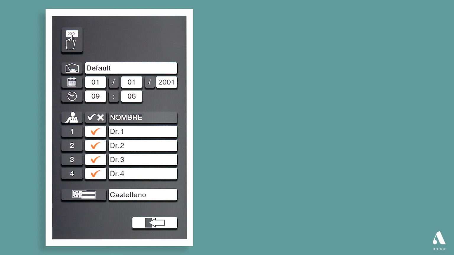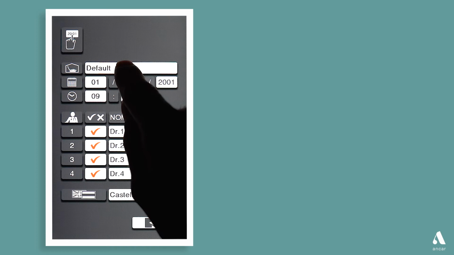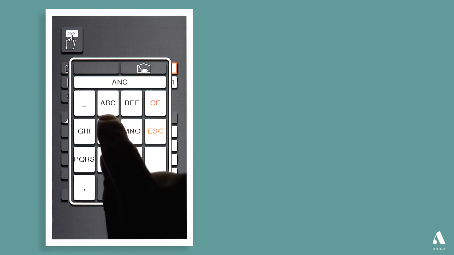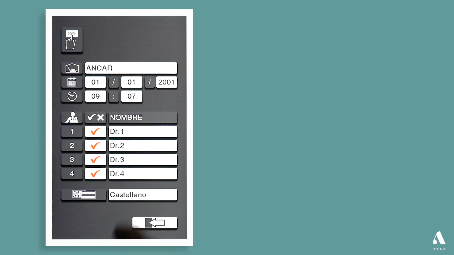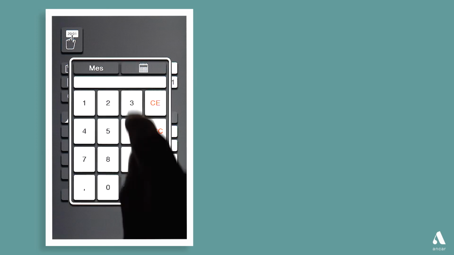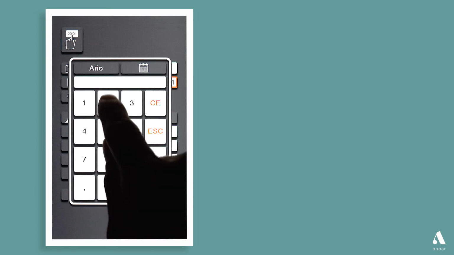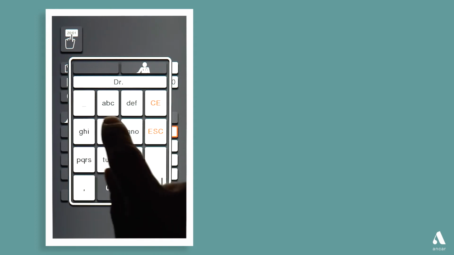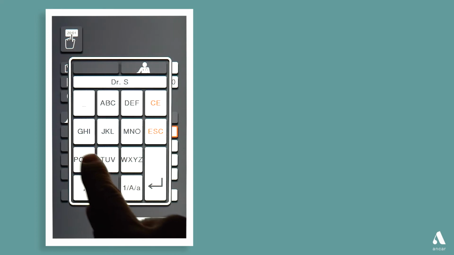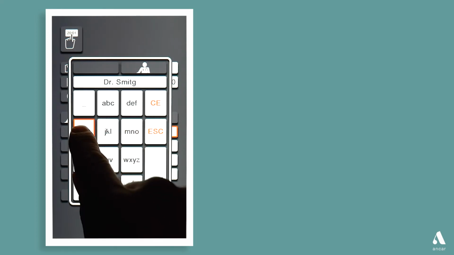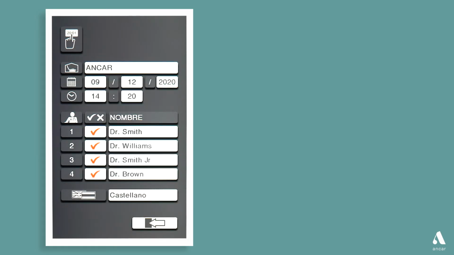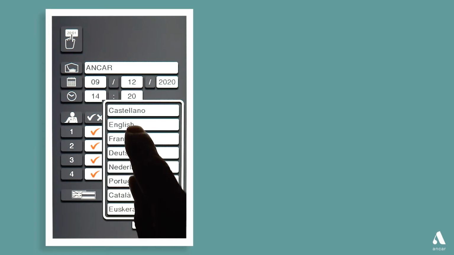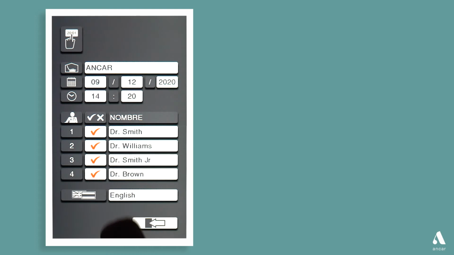In this section we can modify the data in the upper part of the touch panel: name of the dental practice, date, time, usernames, and the language in which we want to see the interface of our touch panel. Here we can also select which profiles we want to activate.